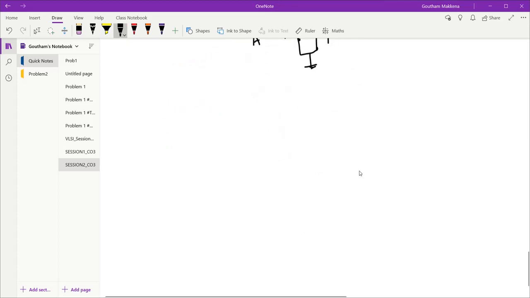Now how do we come up with the circuit for an AND gate? What is the expression for AND gate? The expression for AND gate is nothing but F is equal to A and B. So how do we draw CMOS logic style for that? Because this is an AND operation, the PMOS transistors will be in parallel.